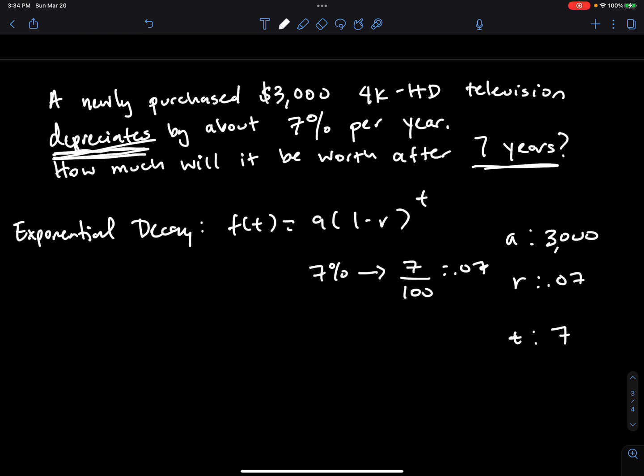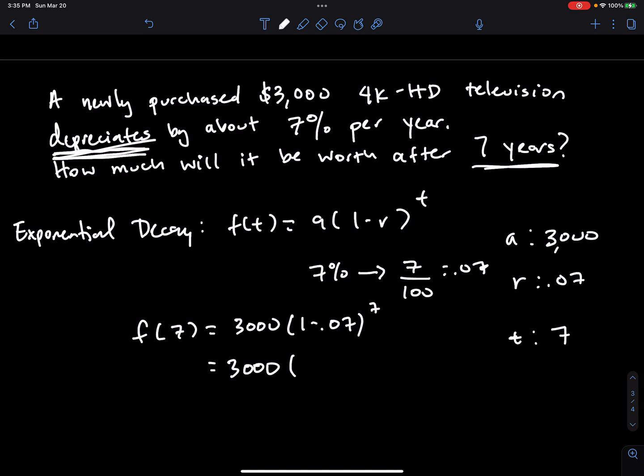Start plugging them in. I have f of 7 is equal to my initial value, which is 3,000, times 1 minus 0.07 raised to the 7th power. If I simplify that, what's 1 minus 0.07?